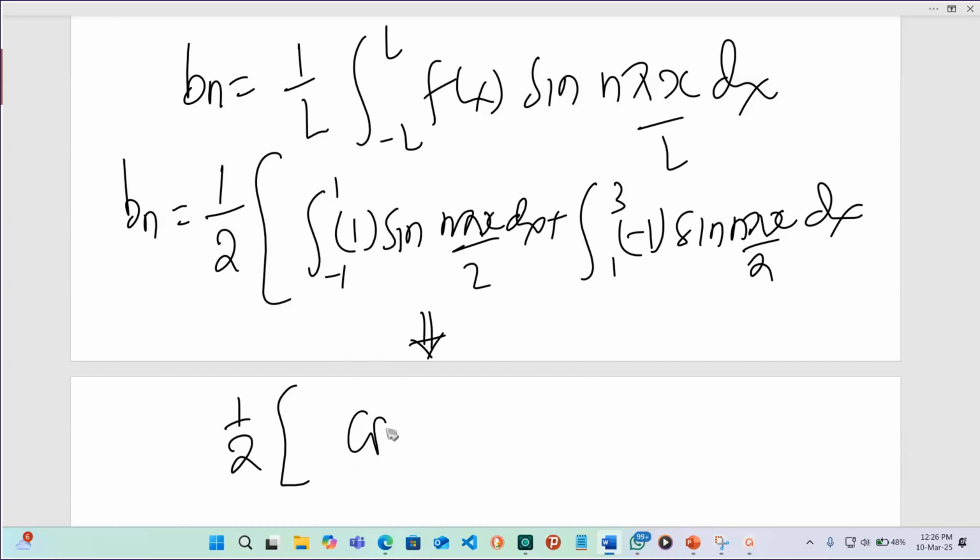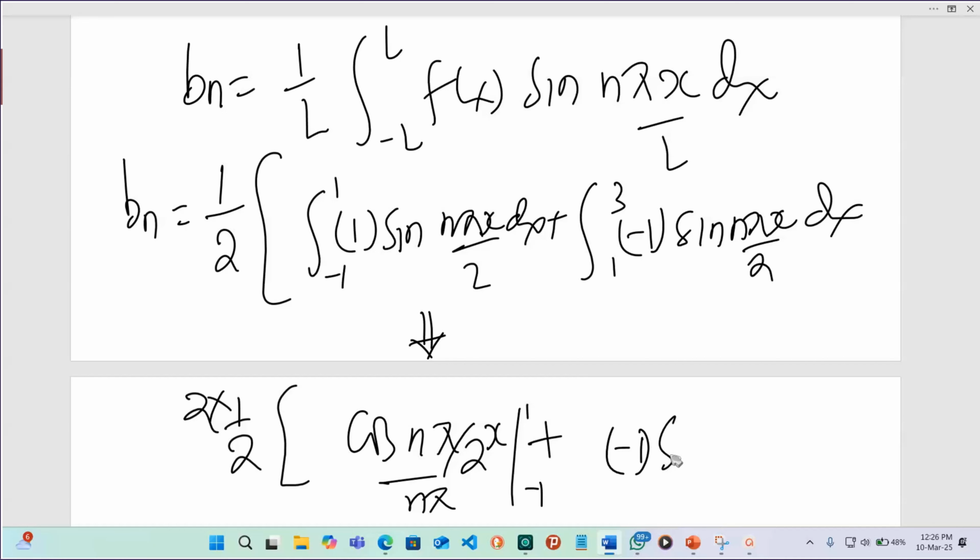So this gives us 1 over 2 times cos(nπx/2) divided by nπ over 2, so the 2 will go up, then plus the second integral, where we are putting in negatives, with limits from negative 1 to 1 and 1 to 3. Remember, we had a negative: when you integrate a sine you get a negative cosine, so when you integrate a negative sine, you get a positive cosine, with limits to 3.